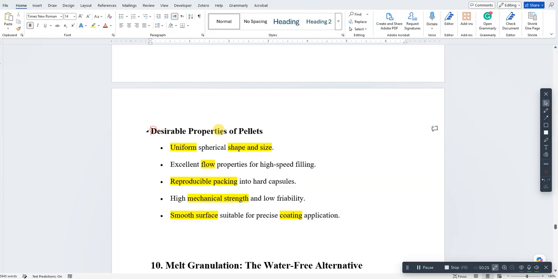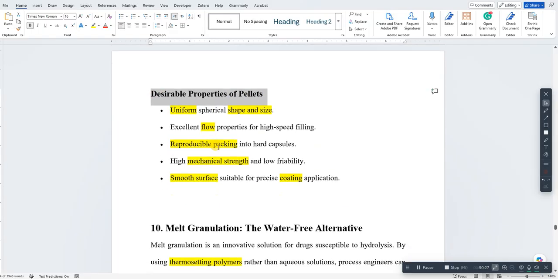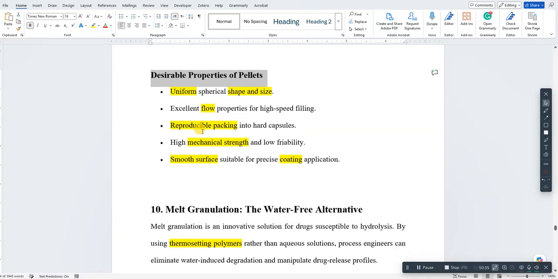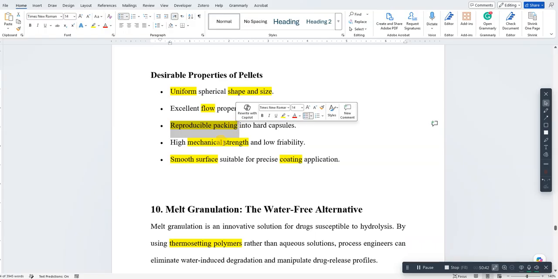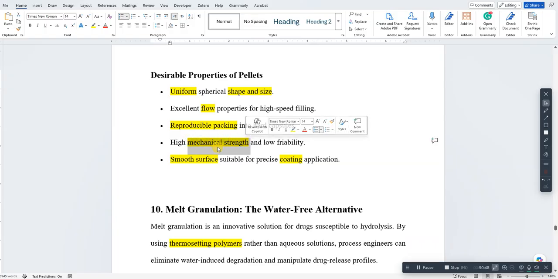What are the advantages and desirable properties of the spheres? The shape and size is uniform. It has excellent flow. We already talked about that. It has reproducible packing. We talked about this. Also, an additional thing is that it has stronger mechanical strength. That's why these spheres do not break easily.